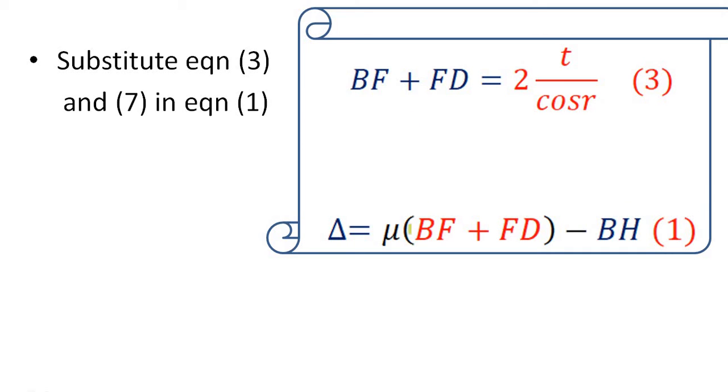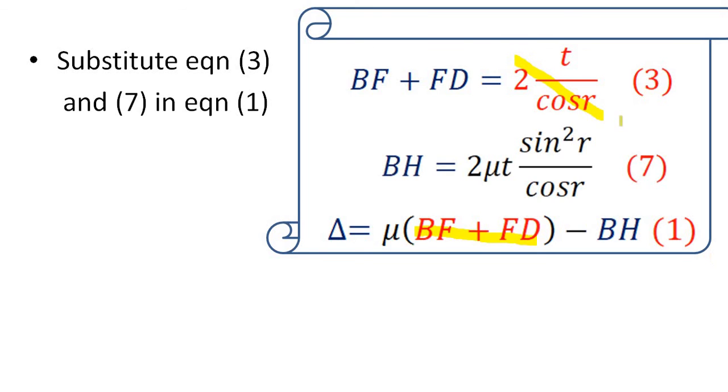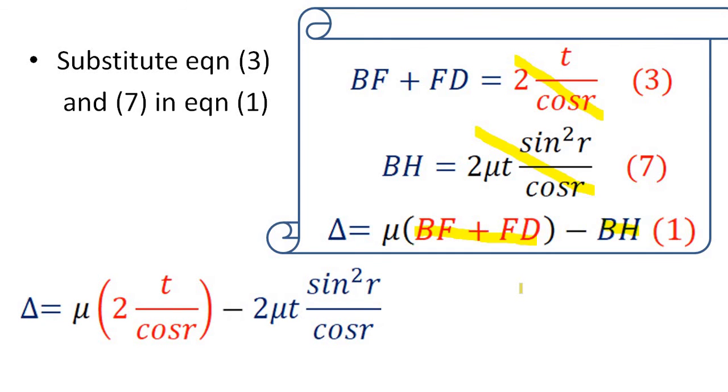Instead of BF and FD, we need to substitute 2T by cos R. This is equation 7. Instead of BH, we substitute 2 mu T sin square R by cos R. That is, delta equal to mu into 2T by cos R minus 2 mu T sin square R by cos R.